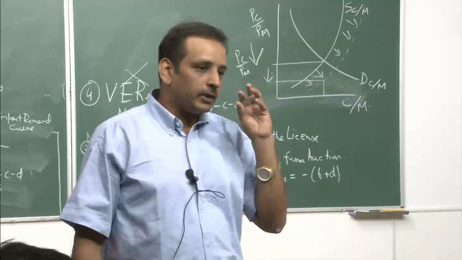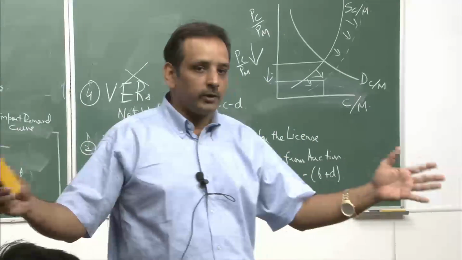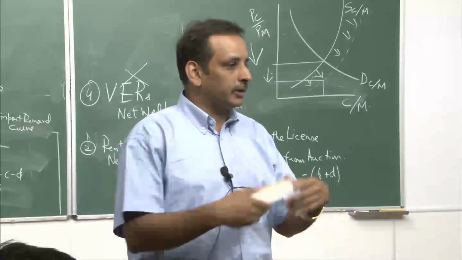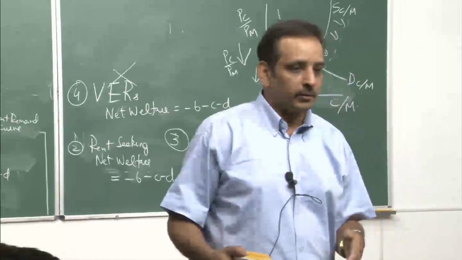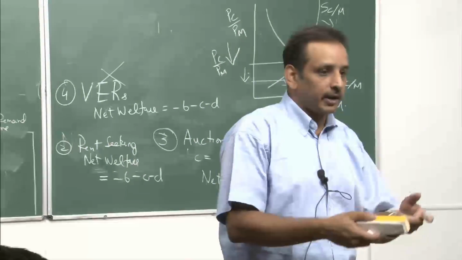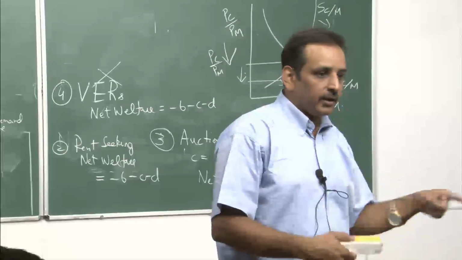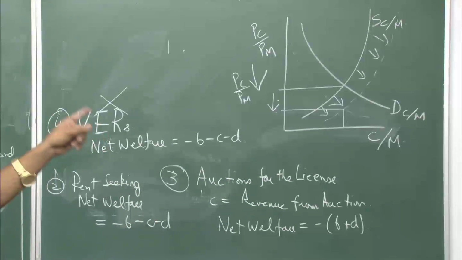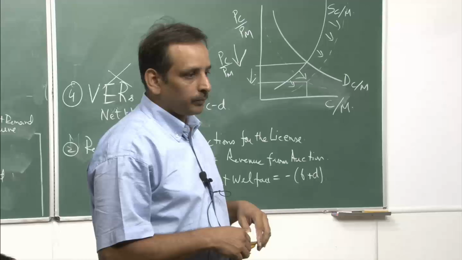Now think of this and try to think of the arguments which go on outside this room. Export subsidies, there is recession, the parliament talks about giving subsidies to the exporters so that they can sell. But theoretically, it's always welfare reducing.